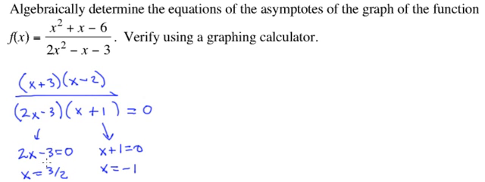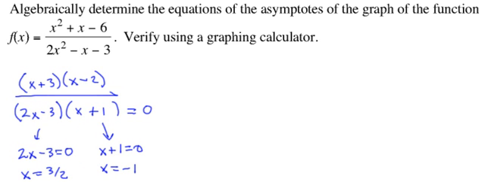So both of these are what we call non-permissible values, and as long as neither of them can be cancelled out, 2x minus 3, nope. As long as neither of these can be cancelled out of the original expression, then you can expect to see an asymptote. So if you graph this on Graphing Calculator, you should find that you get an asymptote at 1.5 and another one at negative 1.